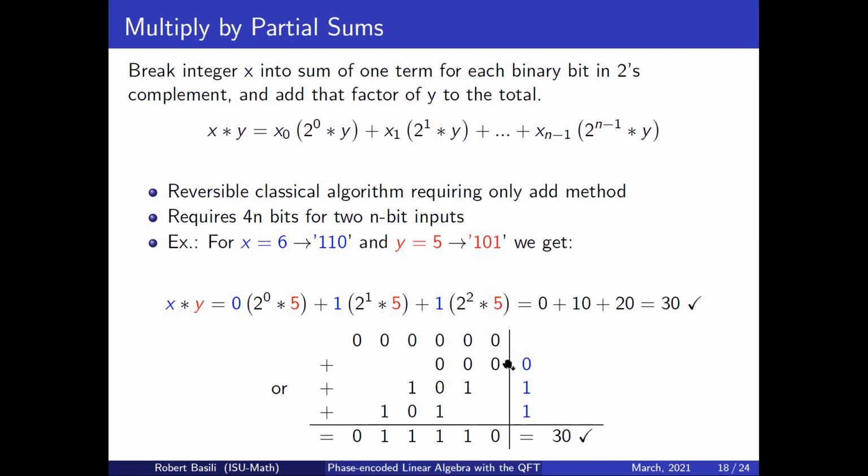Or you can think of it this way, where we start with the lowest qubit 0 on x, and we have 101, which is 5, and it gets zeroed out because of this 0, and the other two ones we shift over one space on our output register, and we just start setting the bits from there. That's how we can functionally just go through our bits one by one and determine what we flip and what we don't flip. So we're going to use an identical strategy for doing our Fourier multiply.